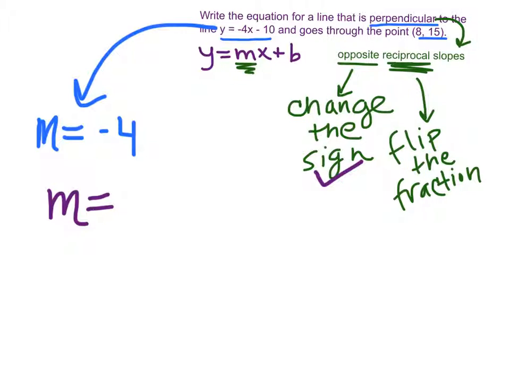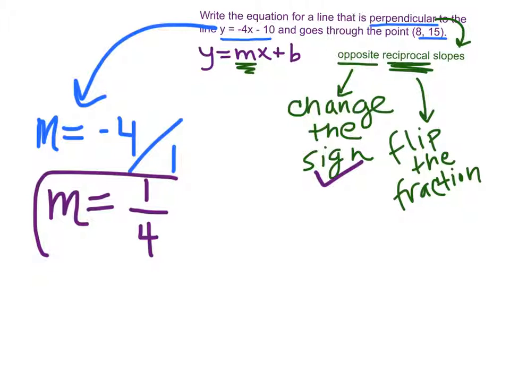Right now, the slope of the given line doesn't look like a fraction, but that's really easy to fix. We can take negative 4 and put it over 1. Anytime you have a slope that doesn't already look like a fraction, you can put that number over 1, and now we do have a fraction. Now, to finish writing our perpendicular slope, we flip this fraction, interchanging the numerator and the denominator, and the slope of our line is going to be positive 1/4.